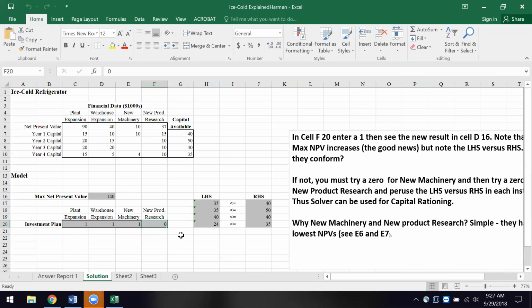And I'm going to put in the 1. Let's see what happens. And when I put the 1 in for the new product research, I get the maximum net present value. Okay. Now I'm going to take that, change that to a 0, and see what happens.